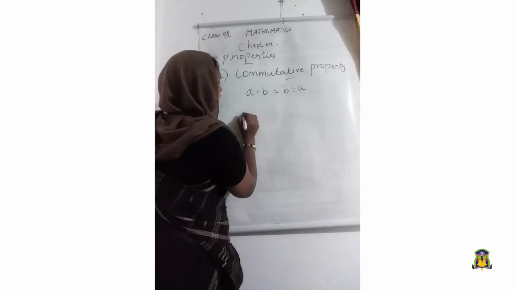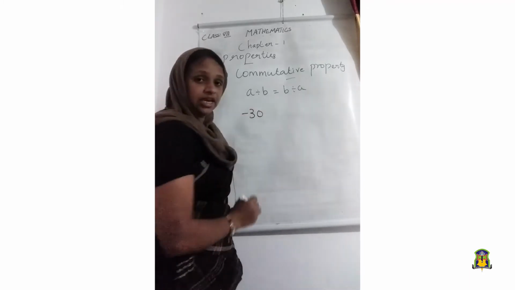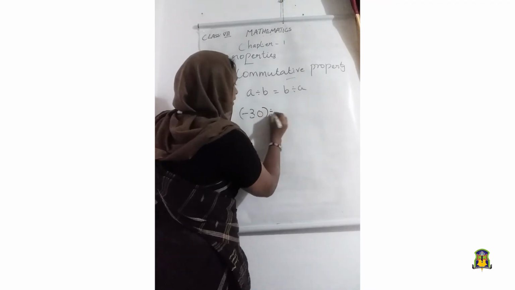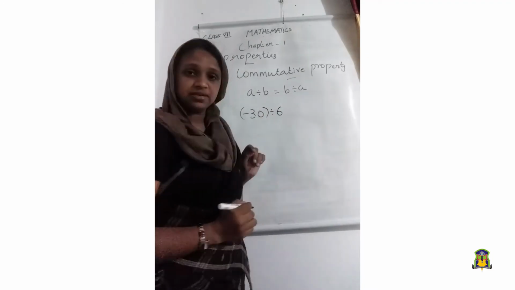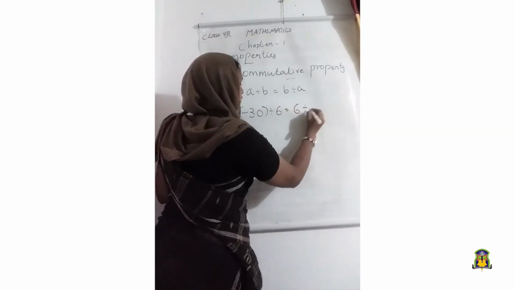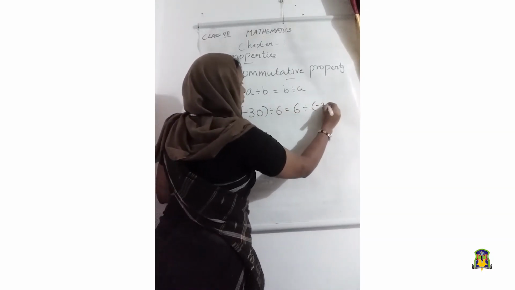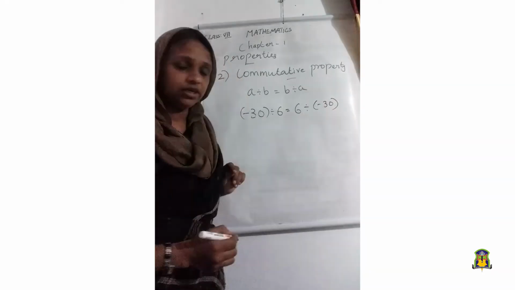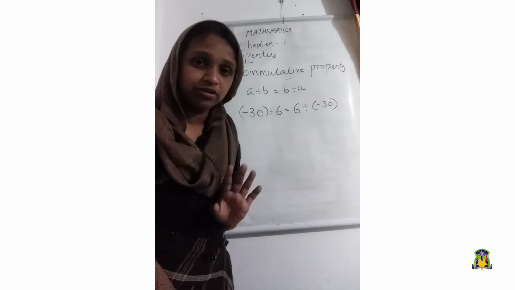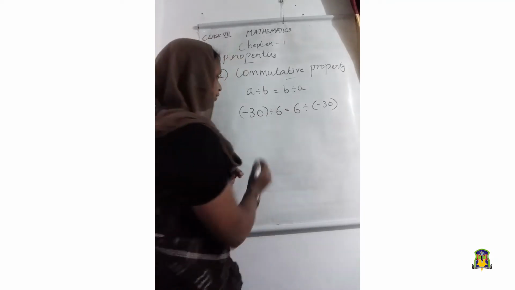For example, if I take a as negative 30 and b as 6, negative 30 divided by 6, and if we change the order, it is 6 divided by negative 30. Negative 30 divided by 6, we know it is negative 5.